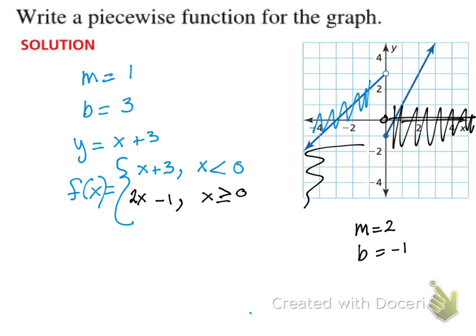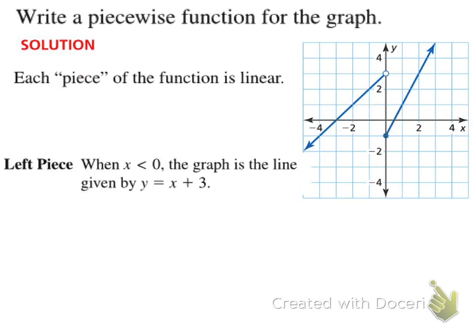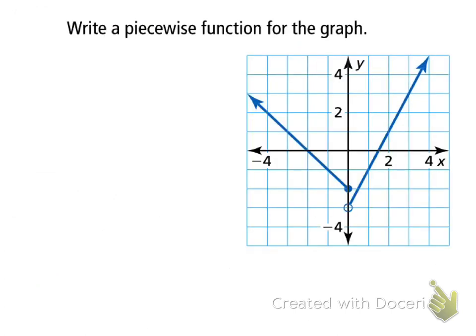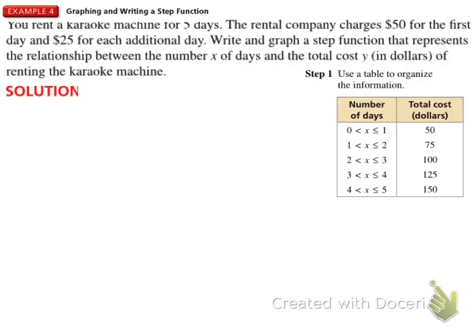Okay, now the step function. I want to talk about a word problem. This is perfect for renting things, like they have the karaoke machine. The rental company charges $50 for the first day and $25 for each additional day.